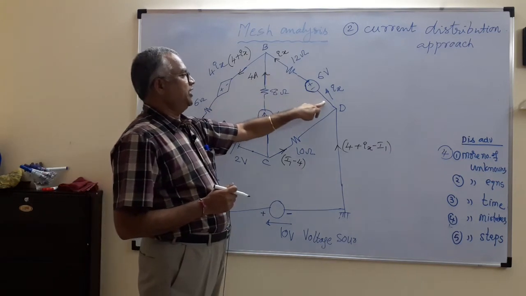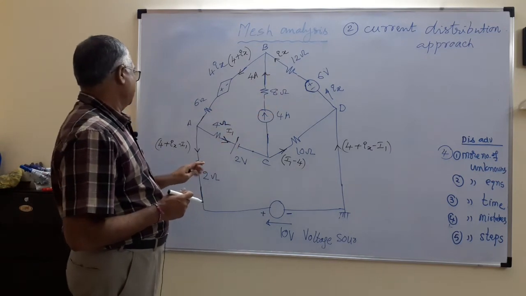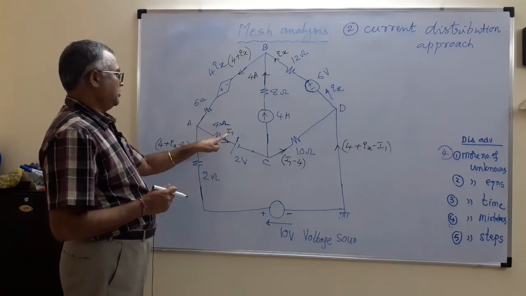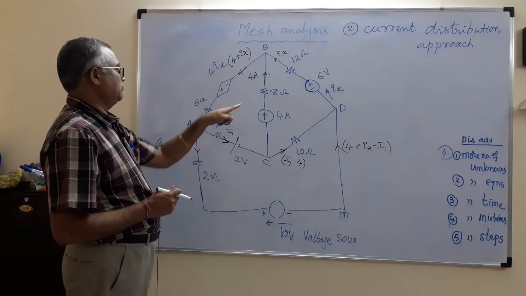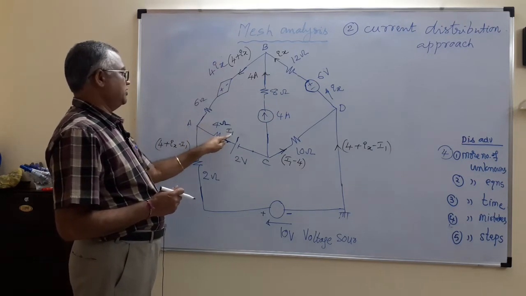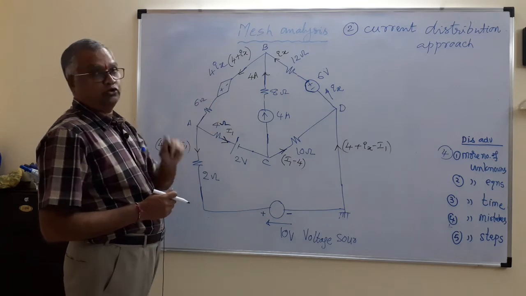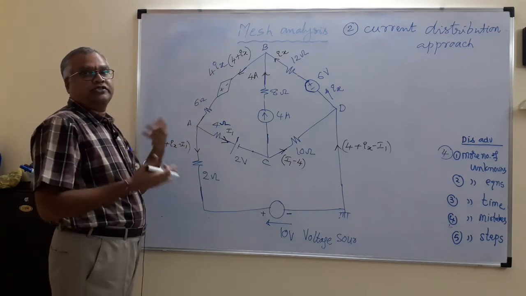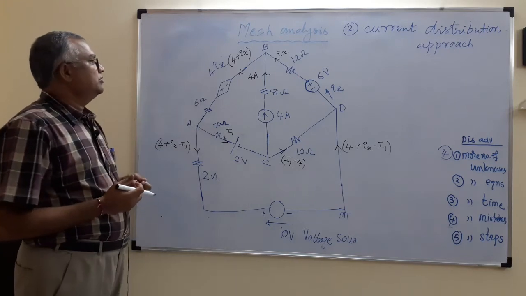Now in this method, how many unknowns do we come across? In the problem already Ix is there. I introduced only I1. So effectively two unknowns. Already one is there, I introduced only one extra. So effectively only two, na. Previous method 4, now 2. 50% efficiency improved.